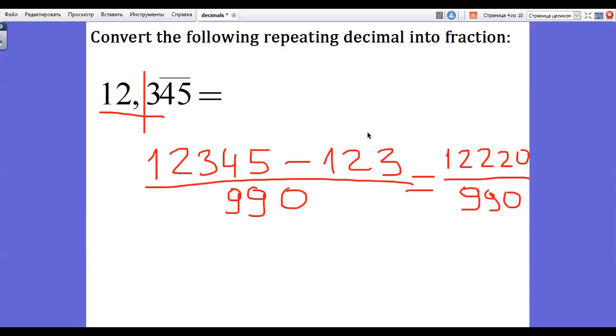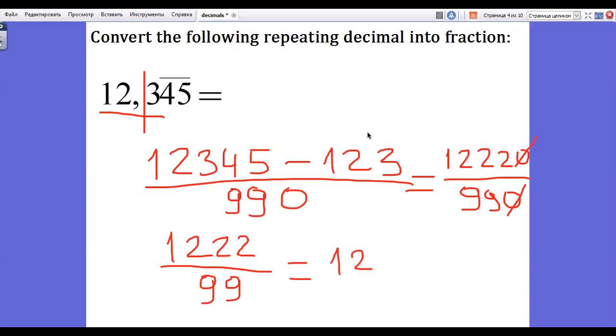When you divide, you can simplify the zeros, and you are going to have the fraction 1,222 divided by 99. We have an improper fraction, and I will write the answer as a mixed fraction, which will be 12 34 over 99.